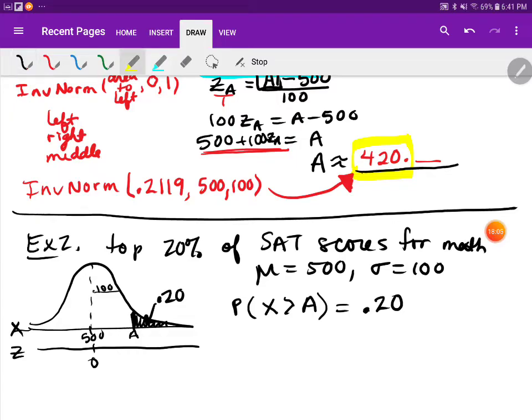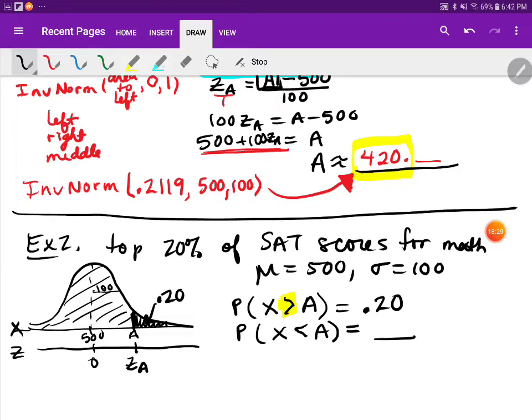But I can't do a greater than sign with my notation. So what I change it to is a less than sign. And you have to figure out what percent would be less than that same value, A or ZA if you're talking about Z's. So what would the area less than it be?